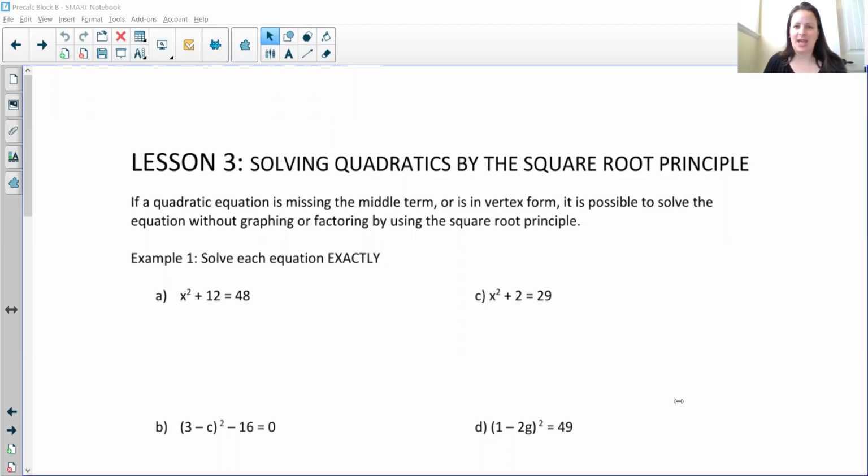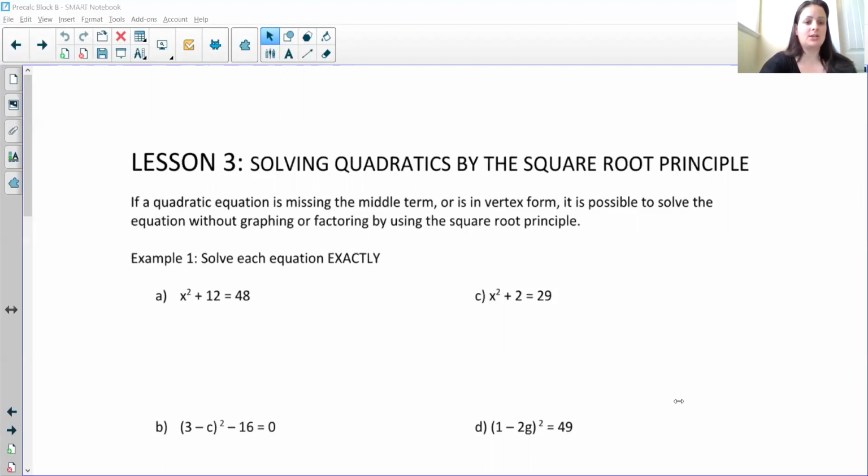That means you can't use the Xavier method to graph it and solve by graphing, and if you do graph it, your technology is going to give you a rounded off number where you lose precision. So this is the method you use if it's not factorable and you need to maintain precision.